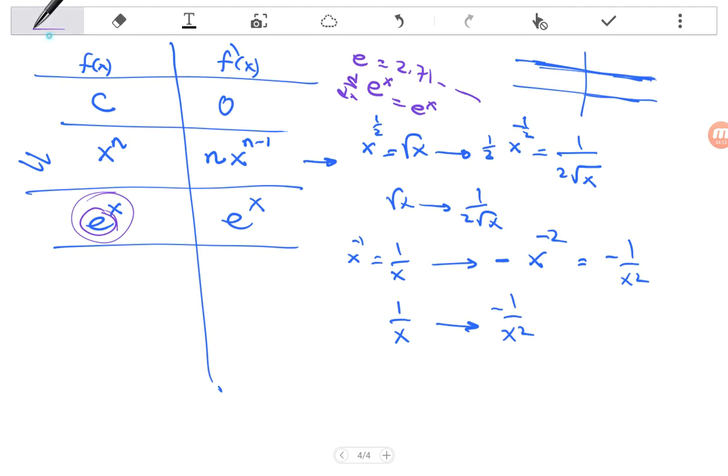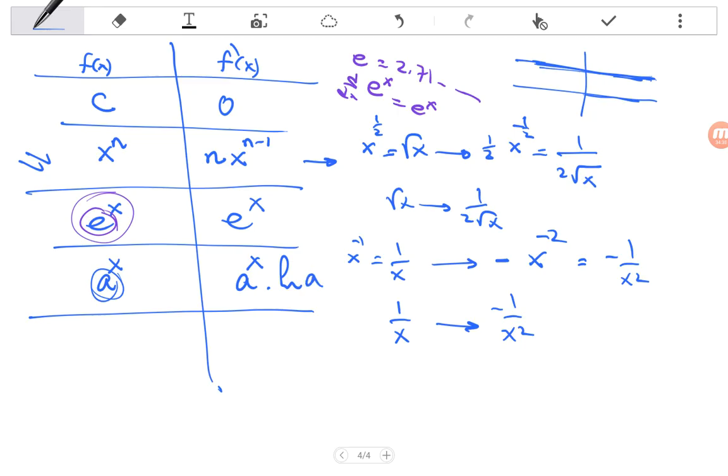Okay? But if I had, for example, another function like a power x, if I had another base instead of e, what would be the derivative in this case? The derivative will just be as it is, but it will be multiplied by the ln of the number that has taken the place of e, which is ln a.